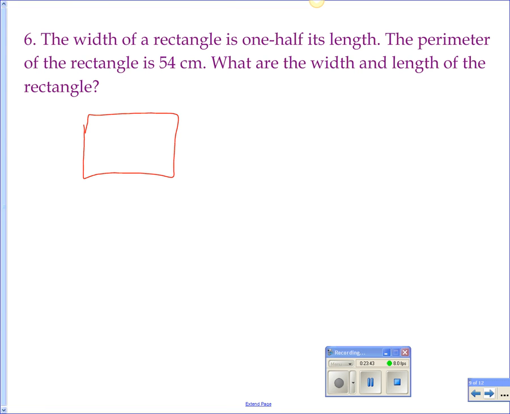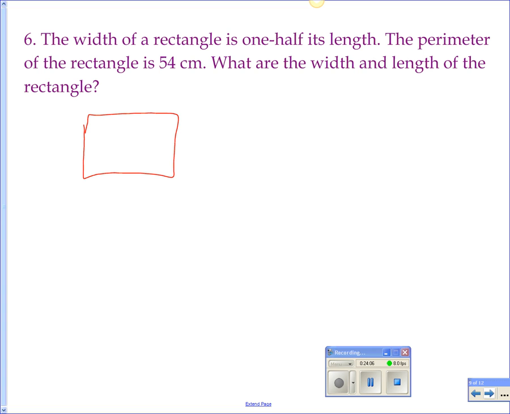Okay. All right, guys, on this one, what does the first sentence say? Okay, so it's telling you about the width this time. It's telling you about the width. So the width is how much?